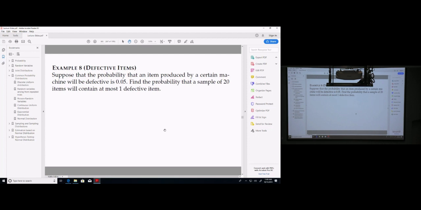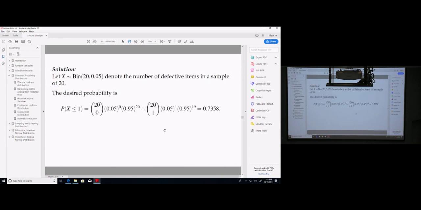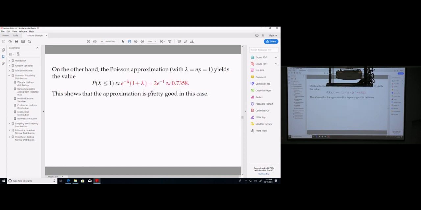But I think what this slide or this example is trying to illustrate is how good the approximation is. So the probability of x less than or equal to 1, this is the exact probability, all right? But if we are calculating this with a Poisson, the choice of the lambda has to match the mean of the binomial, all right?